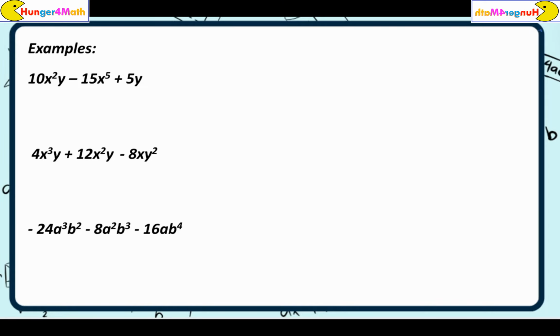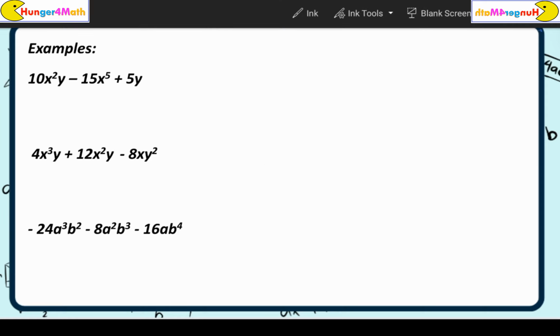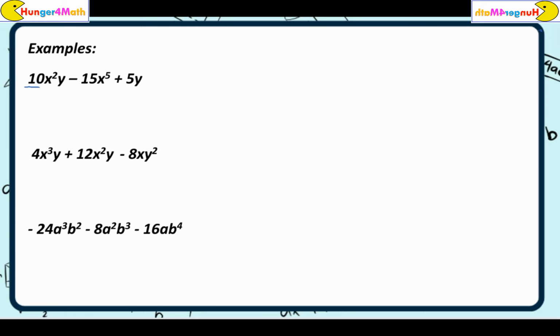The next set of examples is with two variables. Now let's start by getting the GCF of 10, negative 15, and 5. And that is 5. Then for the variable x, the last term, 5y, doesn't have the x, so we cannot factor out the x. Same with the y, because we don't have y in the middle term.